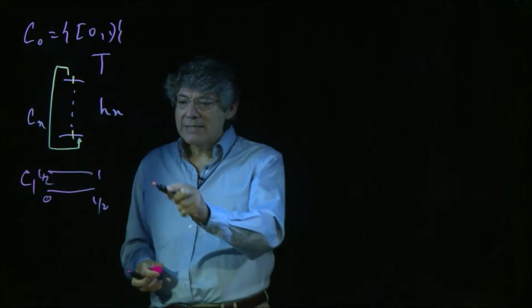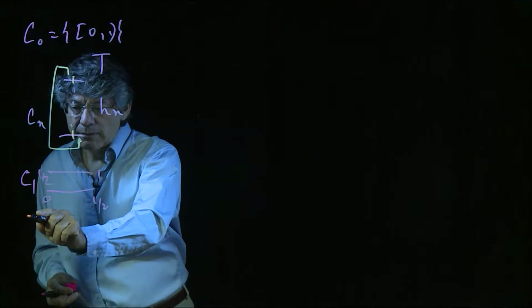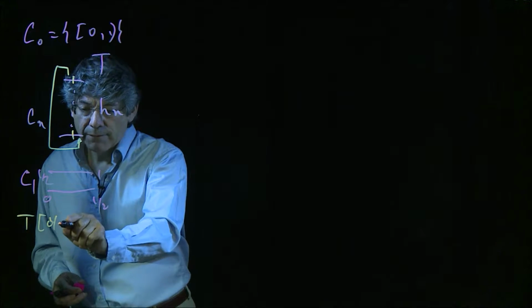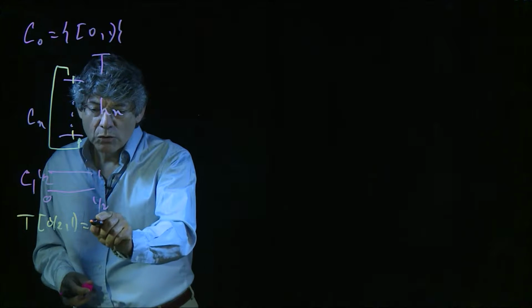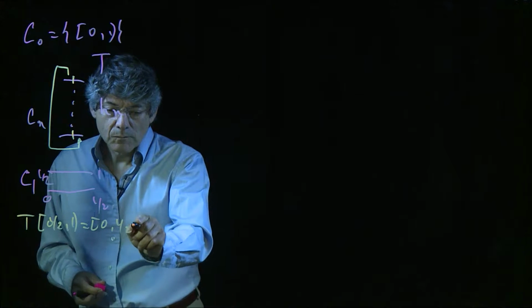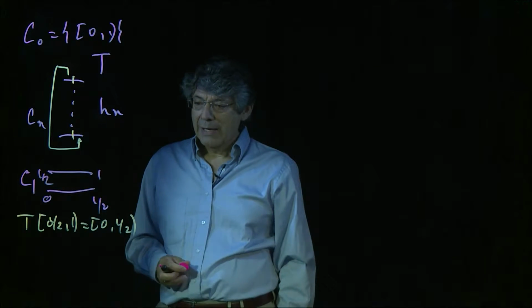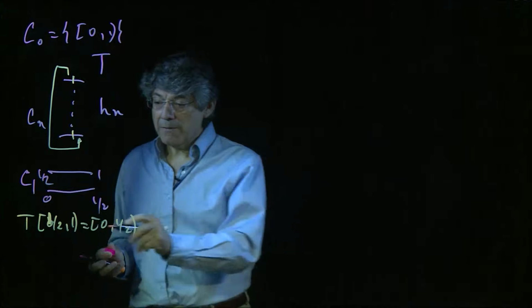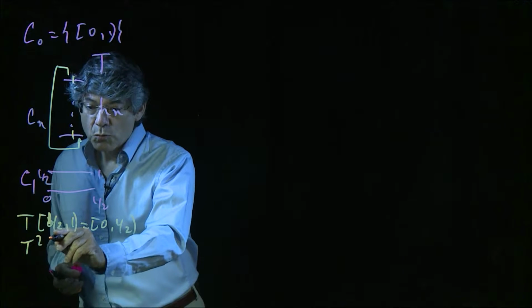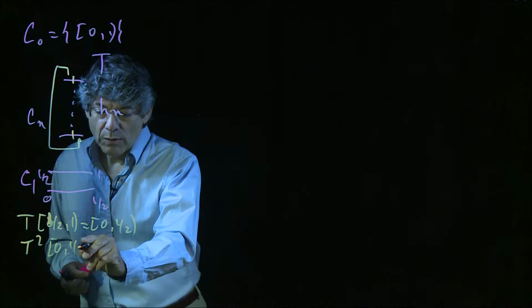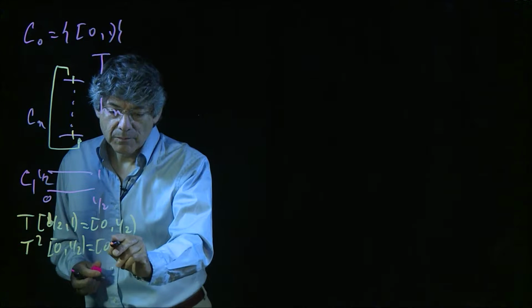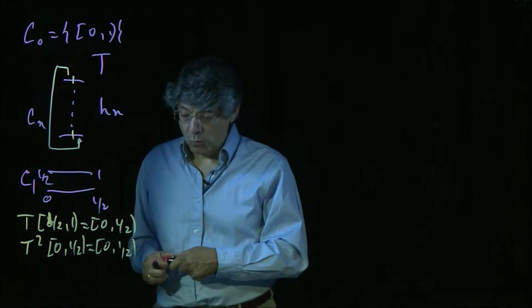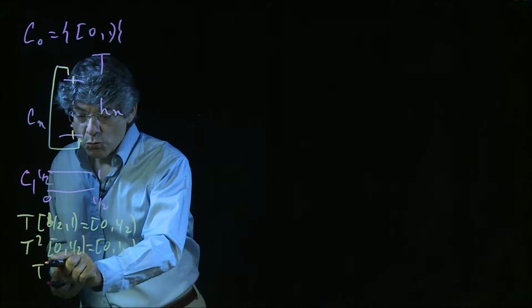If we apply T to the top interval, [1/2, 1], this will go to [0, 1/2]. So in particular, if we apply T squared to [0, 1/2], we obtain back [0, 1/2]. So we have constructed a set that is invariant for T squared, and that shows that T squared is not ergodic.